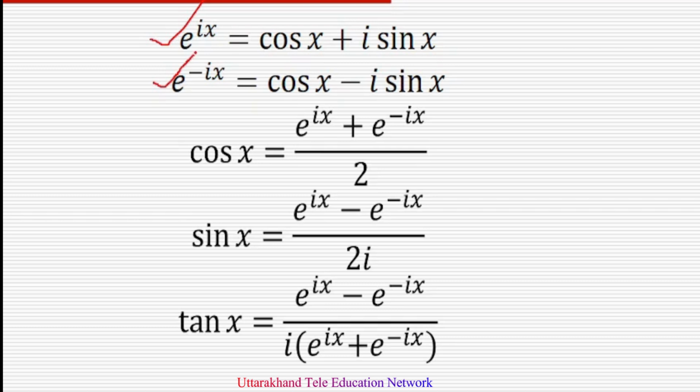If we add these two identities, e raised to power ix and e raised to power minus ix, we will get 2 cos x.